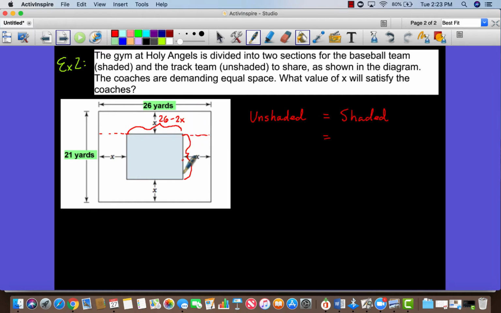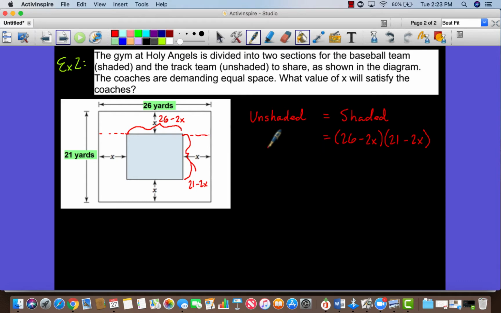And similarly, this vertical length right here, since 21 is this entire side and we're taking off x on both sides, that length would be 21 minus 2x. So the shaded area would be 26 minus 2x times 21 minus 2x.